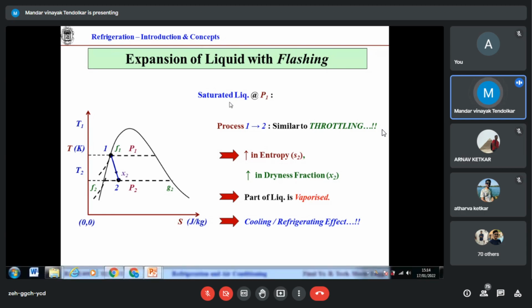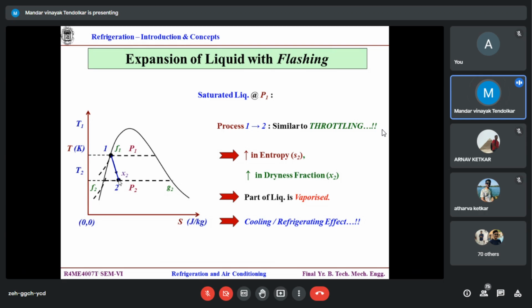Gaseous expansion can be approximated as reversible, ideal gas behavior, etc. Liquid is not even compressible, so it is always irreversible. Being irreversible, what I finally get is S2 greater than S1. That is why the line will always be like this, never like this. S2 will never be less than S1. Do you agree? Yes.